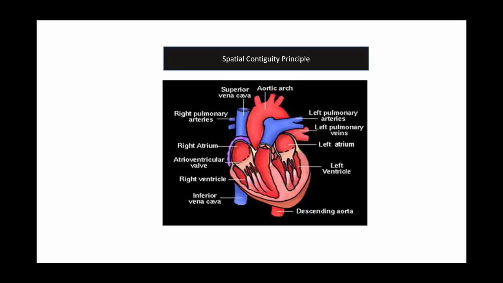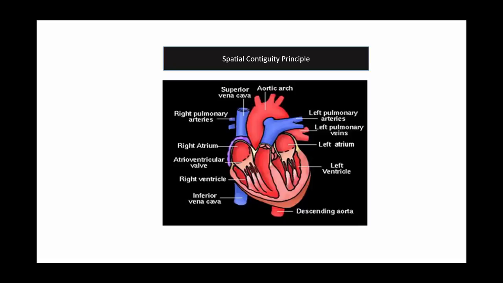The third principle we are discussing is spatial contiguity principle. Spatial contiguity principle states that people learn better when the labeling or words are close to, or next to, their relevant structure. So the learner does not need to search for those words if they are not close enough to the corresponding structure, so that can reduce extraneous load.